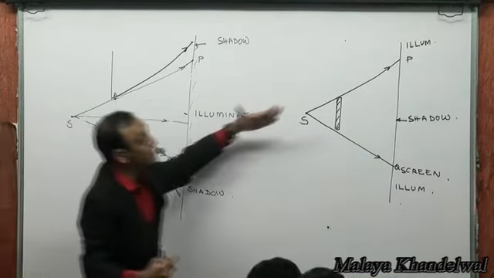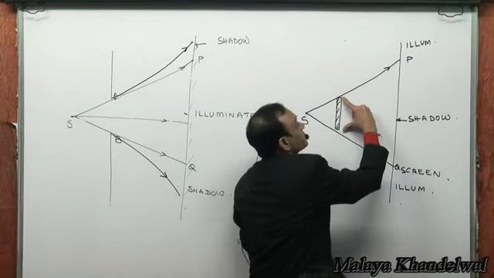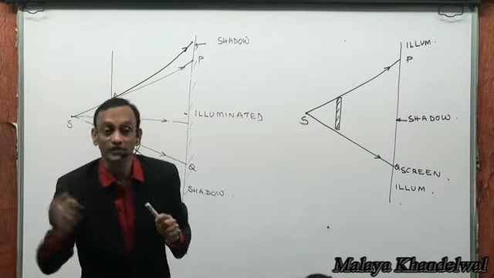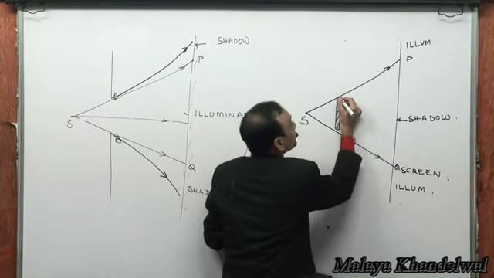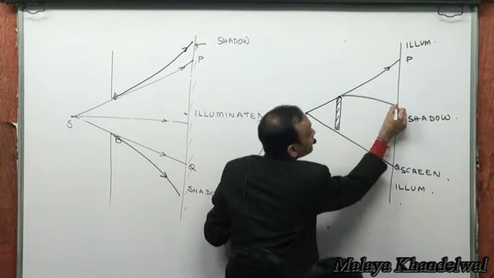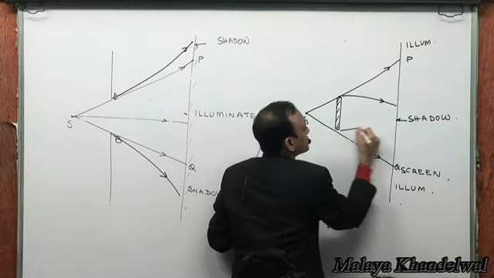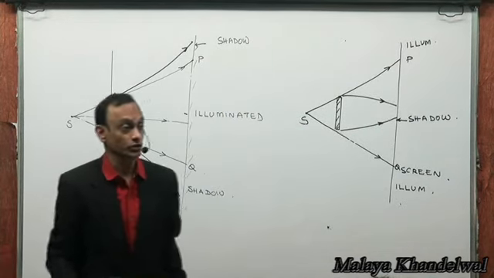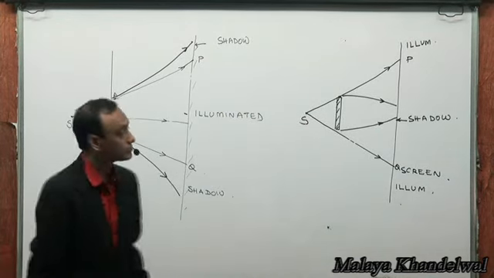Same thing here. If this obstacle becomes comparable in size to the wavelength of light, then the rays of light that come here, there is an encroachment of light energy in the geometrical shadow region.